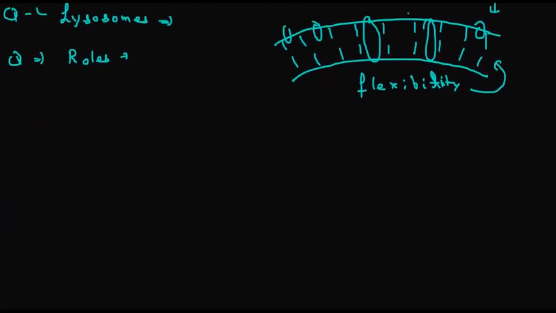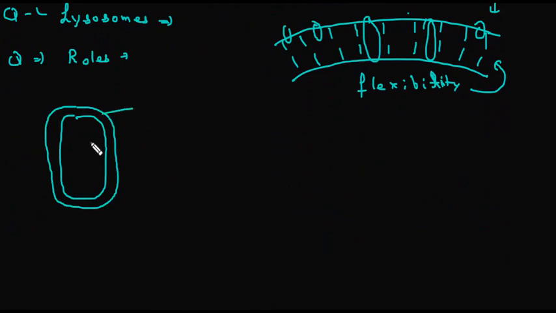Fine. If I talk about cellulose in the cell wall, can we say that cellulose in the cell wall provides structural strength? Because we know that cell wall is not present in the animal cell, but definitely it is present in plants, fungi and certain bacteria.